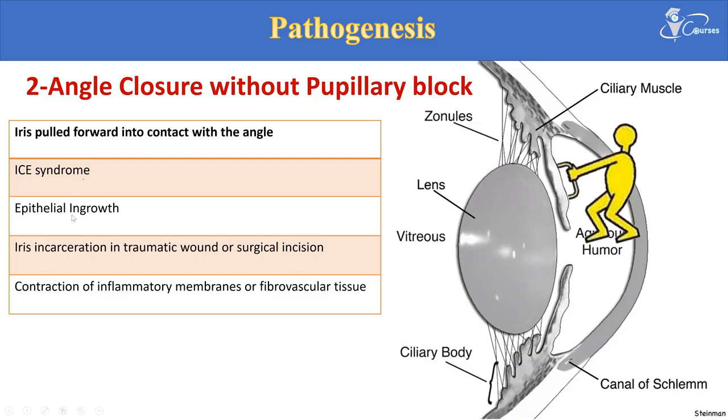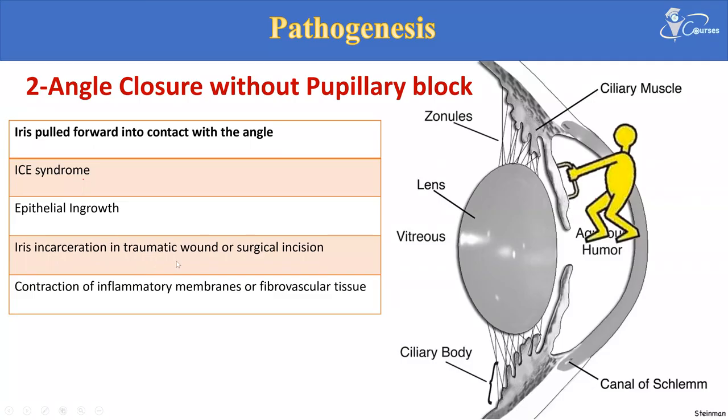It could be an epithelial ingrowth, like an incision which places epithelium into the anterior chamber, and the epithelium grows over the angle, pulling the iris toward the angle.